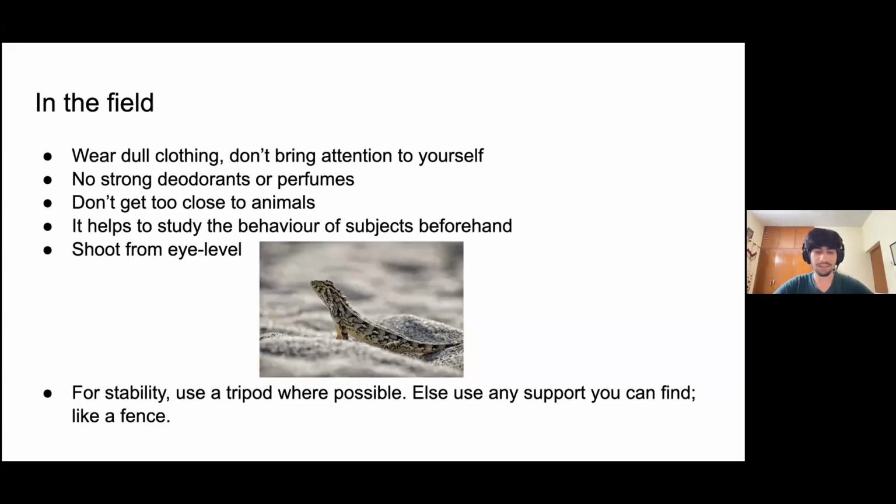And finally, you want to have stability, right? If you're shooting handheld, there's going to be some motion blur from that. So if you have access to a tripod, you can use a tripod or even a monopod. But if you don't have that, use any support you can find, like some fence or some bench, probably even someone else's shoulder or something. But shooting handheld is going to be unstable, and using some support will lead to better stability.